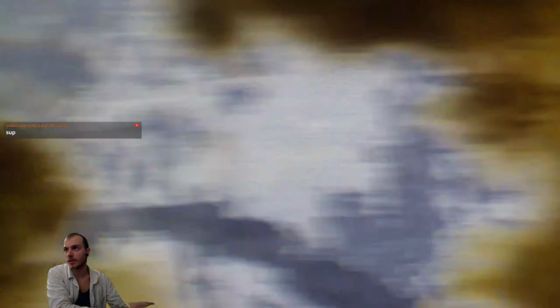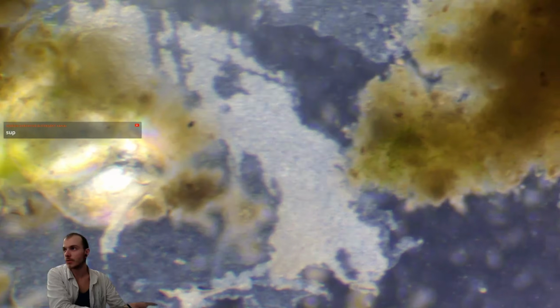This is probably also bacterial colony, but this one looks interesting.